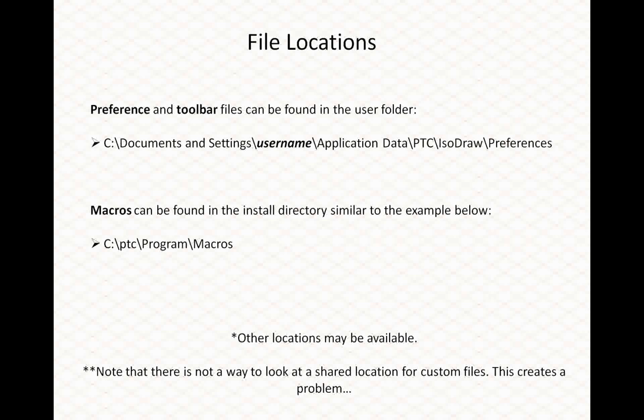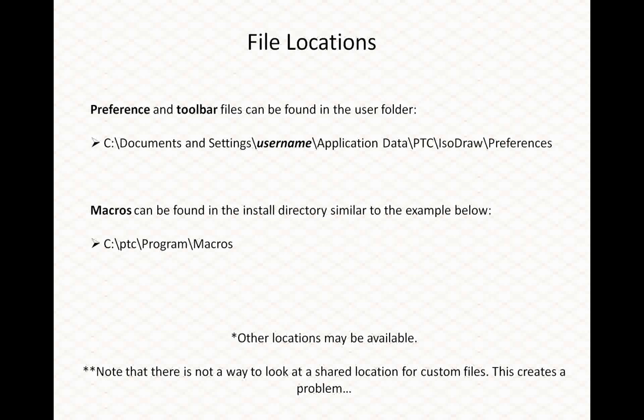When you first start up IsoDraw, it actually creates a file structure in your document settings folder. It contains your preference file, your toolbar file, DTD, and a couple of other items. Of the two locations, this one is read first, so we replace this one to make sure they're using our preference file.